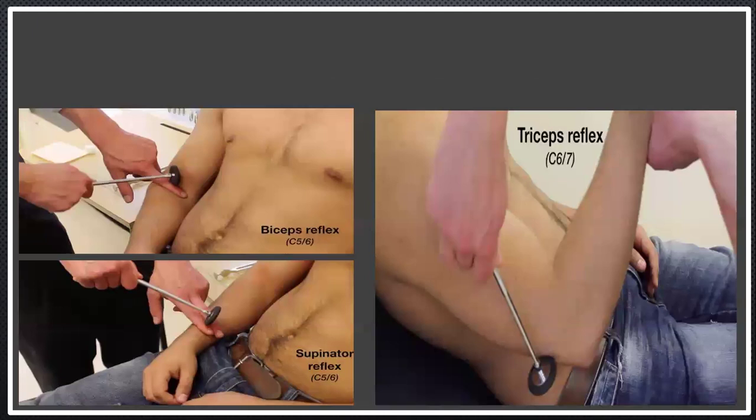Okay, thank you. Then I need to check your reflexes by this hammer. Is that okay? Okay, thank you. I will check for the biceps reflex, for the triceps reflex, and for the supinator reflex. Thank you very much, Mr. Shaheen. Now I finish my examination.